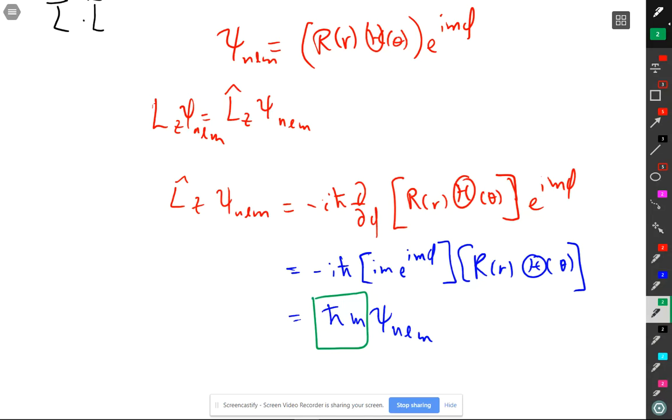And so it turns out it's a very simple relationship to get the angular momentum in the z direction out of your wave function. Now remember, because we were able to find this and we returned the original function, that means that our wave function is a function of this operator.